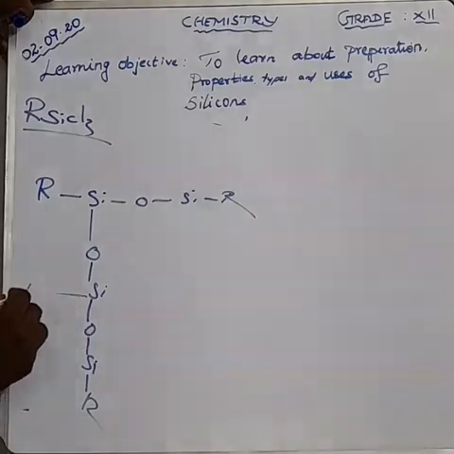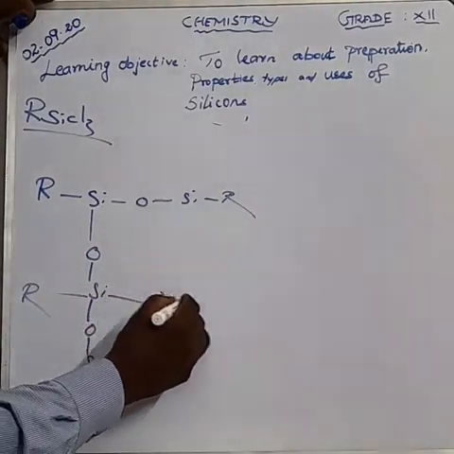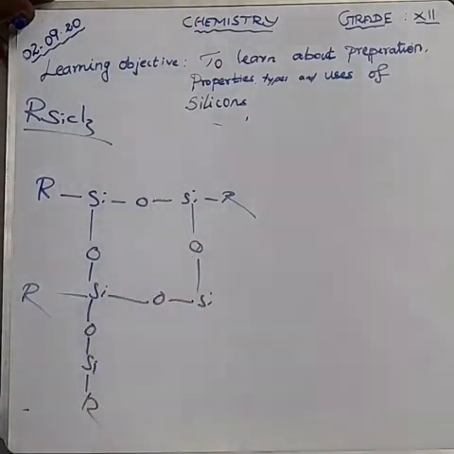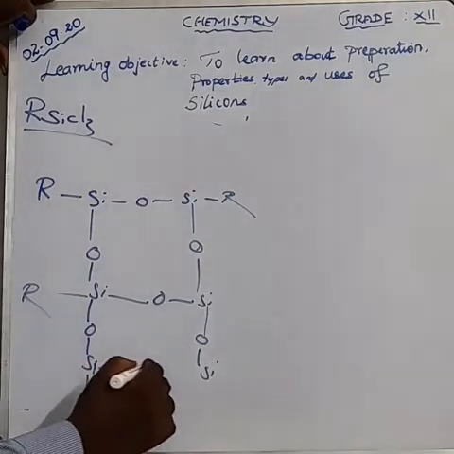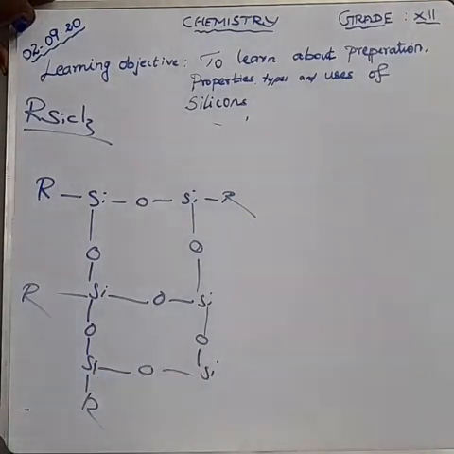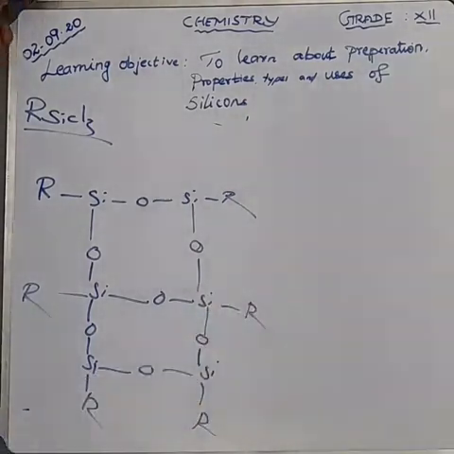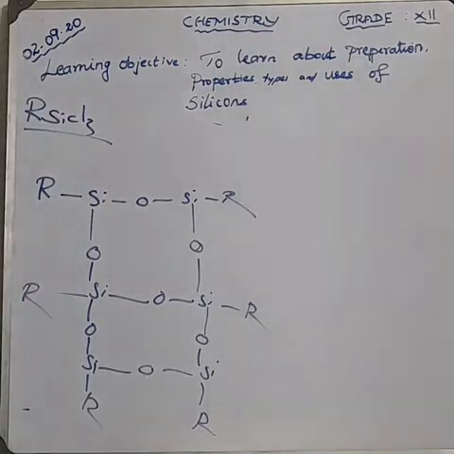Here also you can use R, the alkyl group. Each silicon atom is linked with oxygen. Like that, we can draw. This is the equation and this is the structure for that.